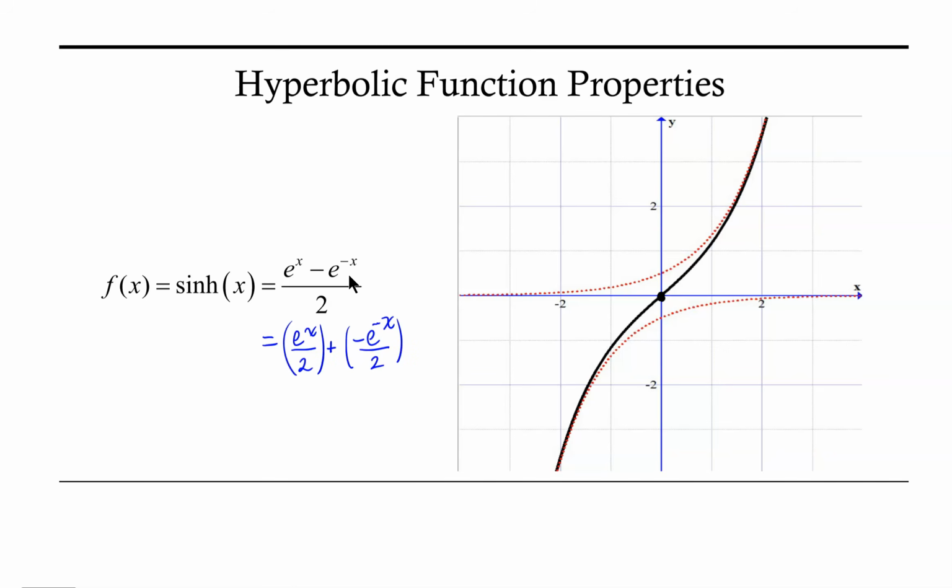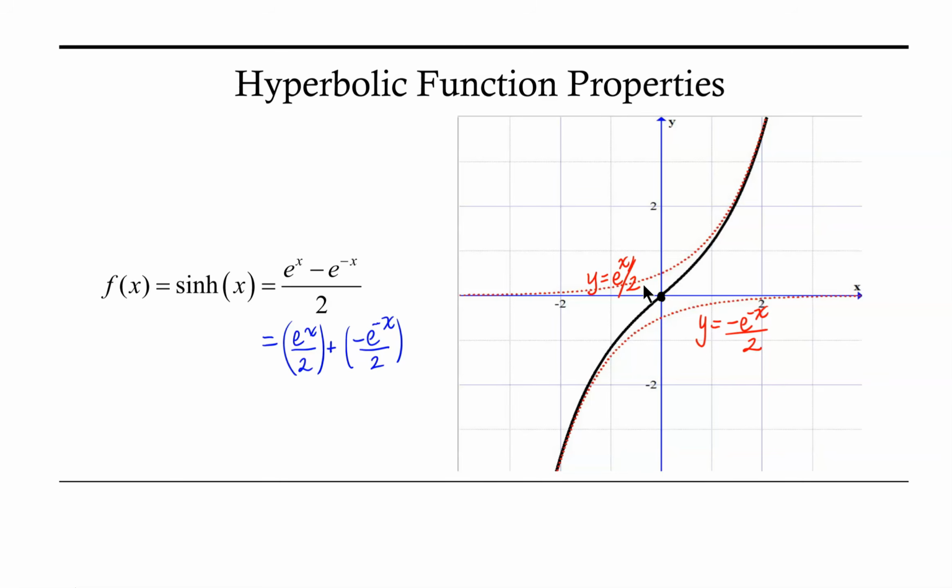And in doing that, we can think of our sinh function as being the sum of 2 other functions. And those functions are pictured here in our graph in red. Our sinh function is the sum of y equals e to the x over 2 and y equals negative e to the negative x all over 2.